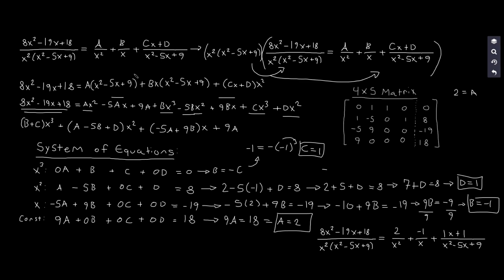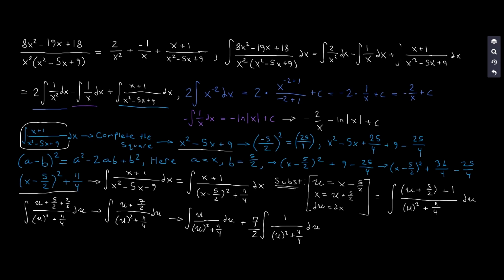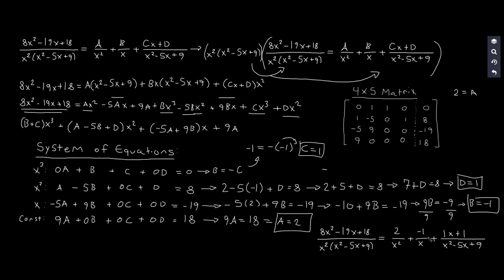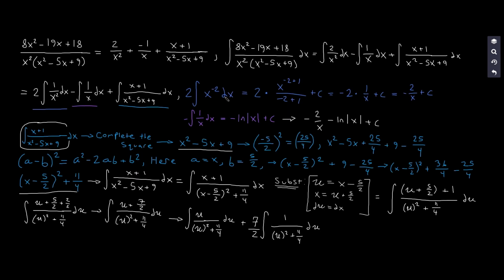We kept breaking it down. We found its form. We did the system of equations. We found the values. We were able to set it up. We broke what we set up back into three separate integrals, and then we found the answers to these two integrals here and here.